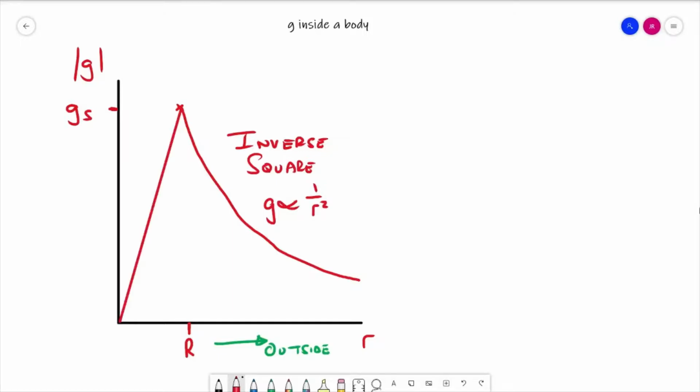And then inside the body we have a straight line because, as we said on the last slide, the gravitational field strength was directly proportional to the distance.